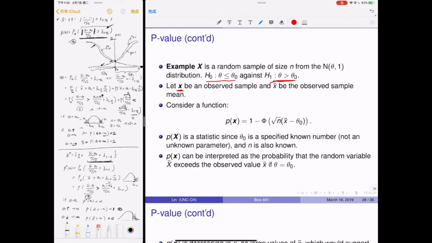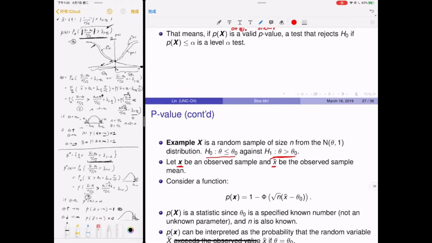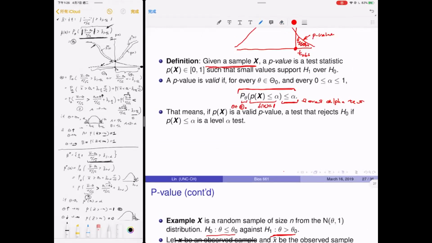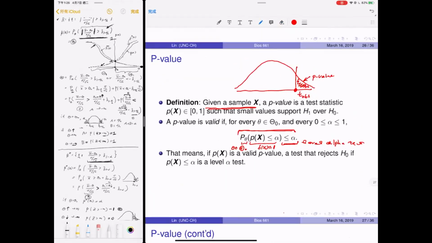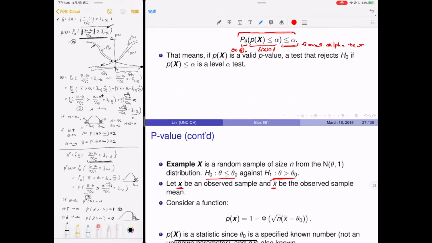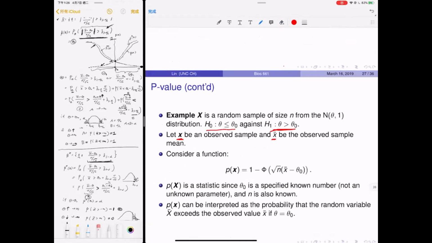You use x bar, which means it's coming back to that graph I showed. This is the x bar distribution, and this little x bar right here is your data. Which means that the p-value equals the probability under the null hypothesis that the random variable x bar is bigger than little x bar. You correct it. It's the p-value.